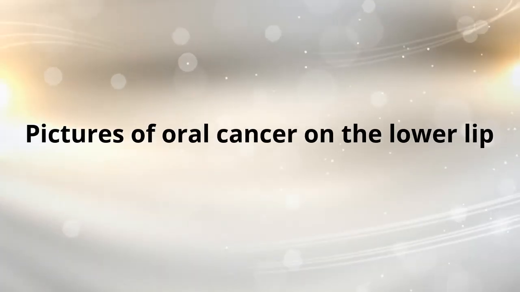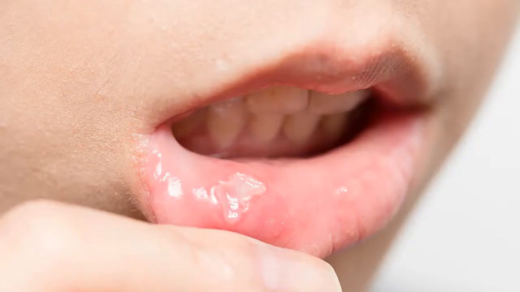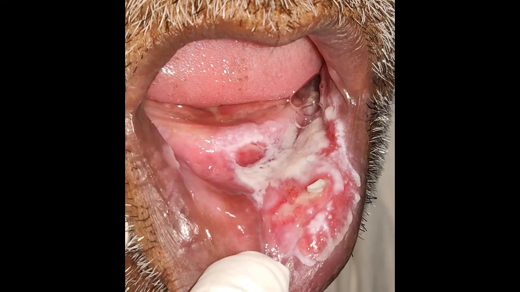And here are some pictures of oral cancer on the lower lip. This is a cancerous lesion in the lower lip that was caused by tobacco. It is important to know that tobacco is the #1 cause of oral cancer.